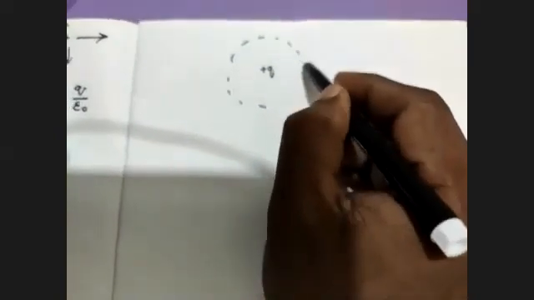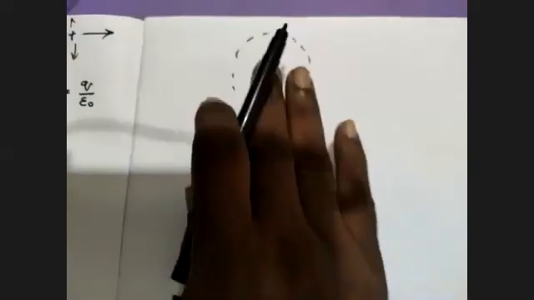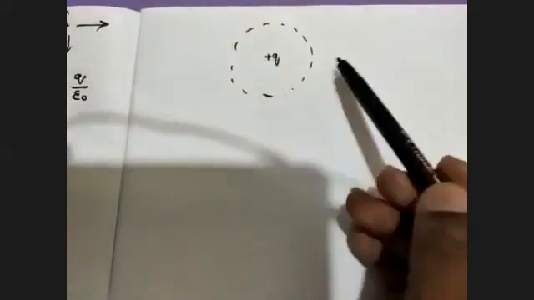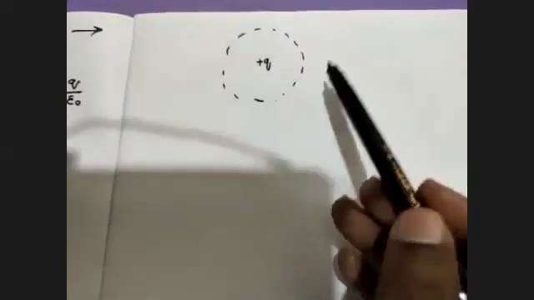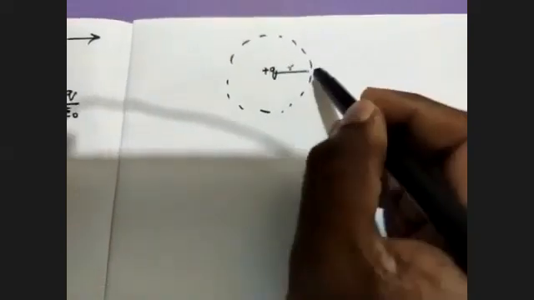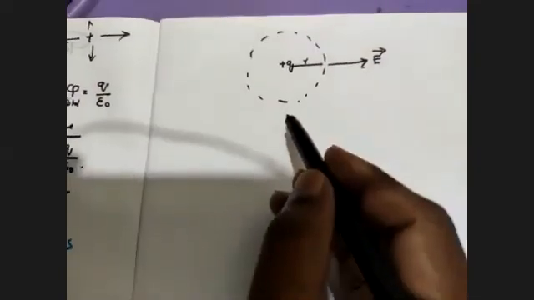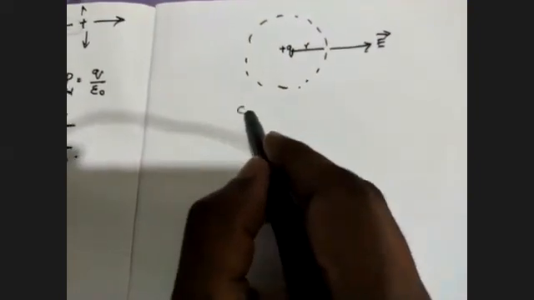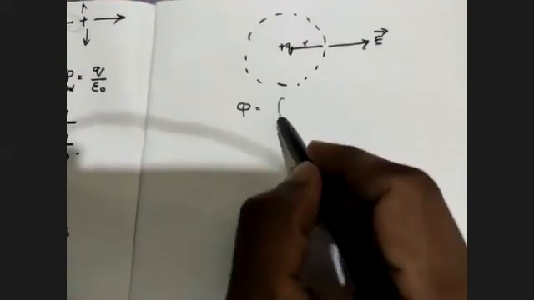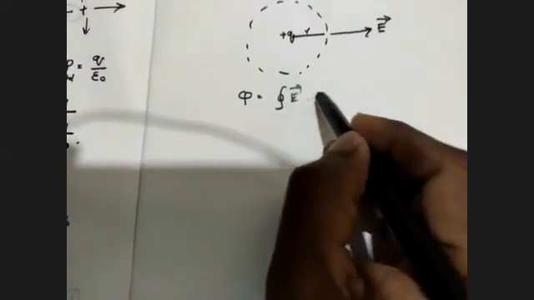Now, if I take a charge here, I enclose it in a sphere. Why? Because from a charge, the electric field goes in all directions. So around the charge, I imagine a sphere of radius r, and here the electric field E bar is going out. Let us apply Gauss law. Flux phi is the surface integral of E bar dot ds bar.